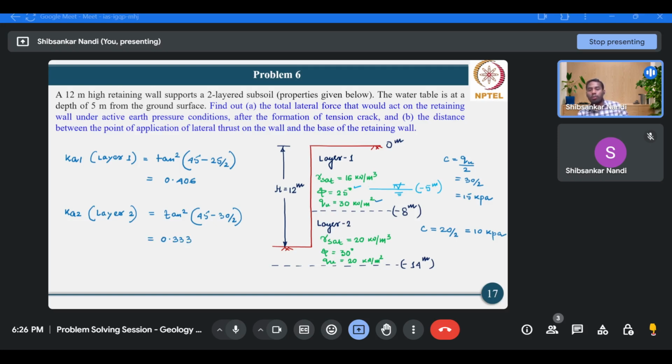Okay, so we'll introduce some notations for the calculation purpose.